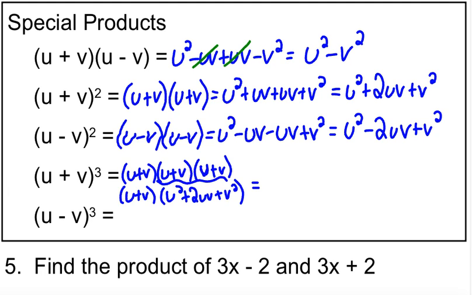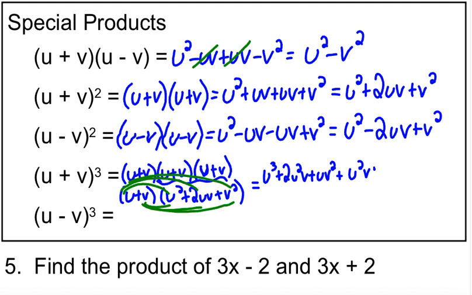And then you FOIL that all out, and you get u cubed plus 2u squared v plus uv squared plus, so that was the first FOIL here, and now I'm on the second one. So plus u squared v plus 2uv squared plus v cubed.